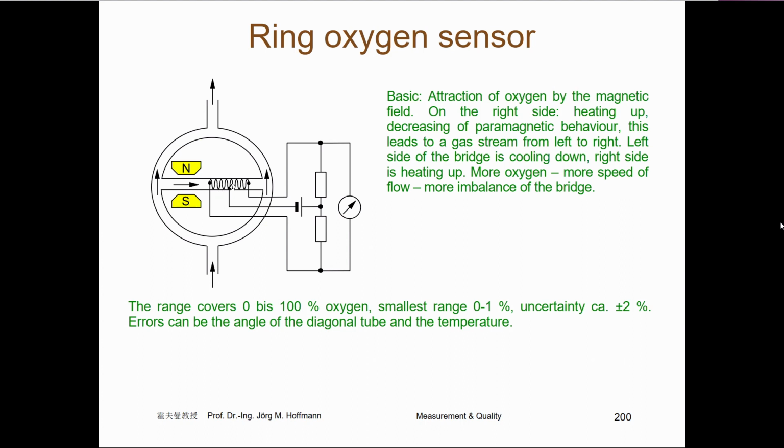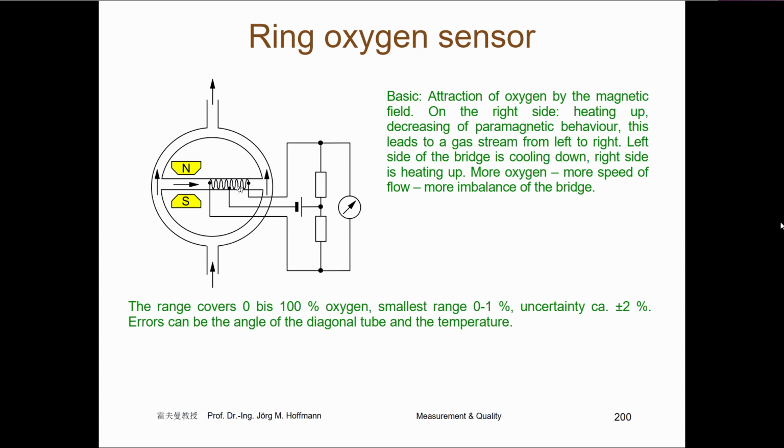And the first heater heats up the oxygen, and the oxygen goes to the second heater. That means the first is cooling down and the second is heated up, because the first gives the temperature to the gas going to the second one.